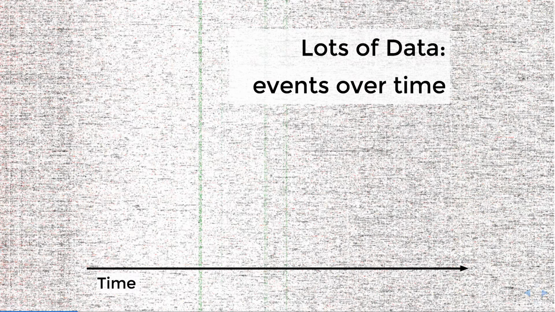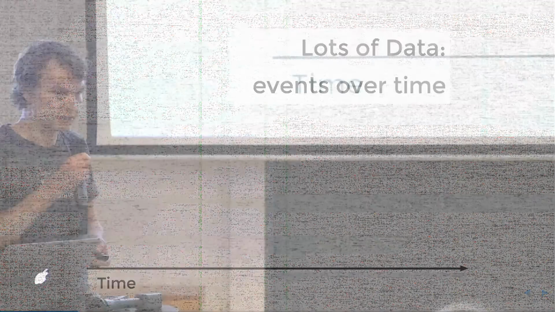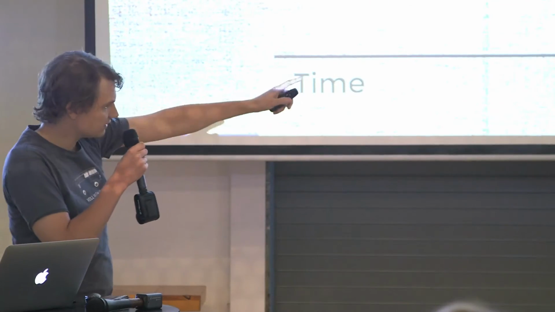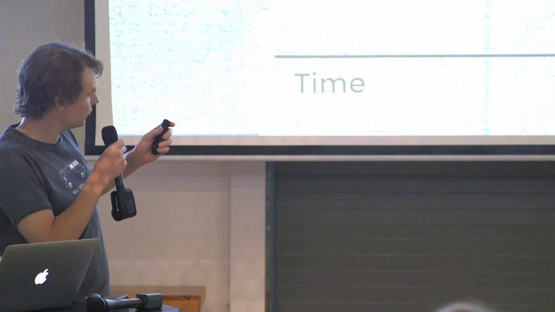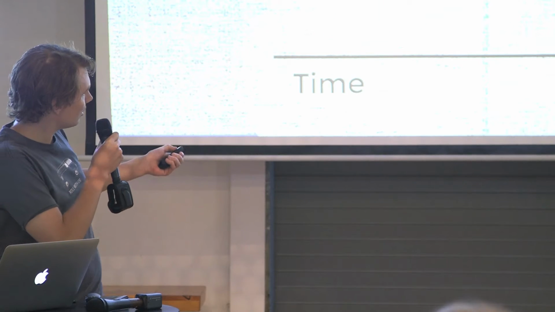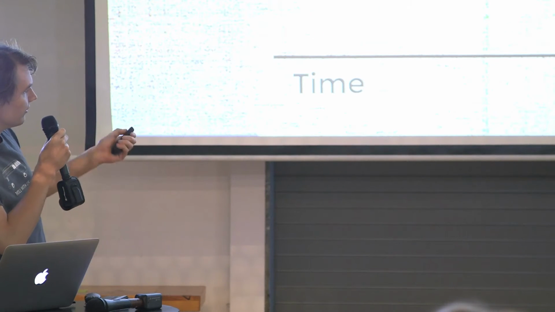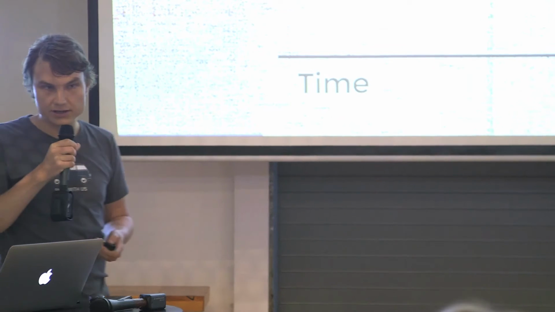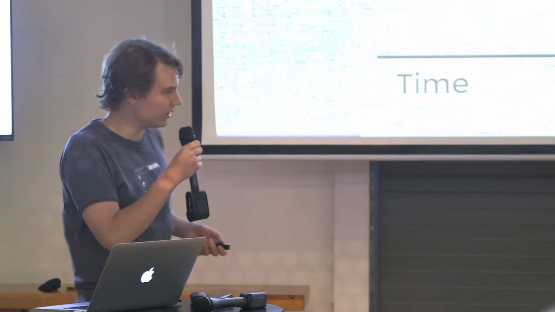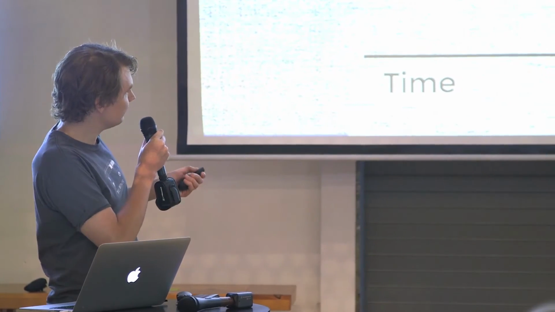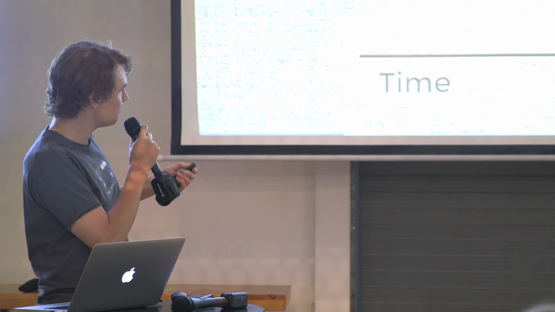What you see here is an actual visualization of data over 24 hours. The x-axis is time, 24 hours. If you look closely, you can see a brighter area in the middle that corresponds to the nighttime in the United States. This is data from the United States, so not much activity happens at nighttime.